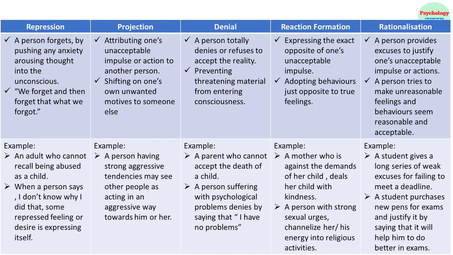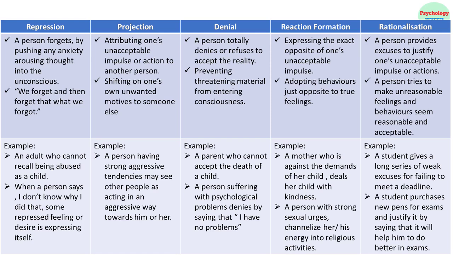Now the next is reaction formation. In this way of coping, the person reduces anxiety by adopting behaviors just opposite to her or his true feelings. An example can be a mother who is against the demands of her child but deals with her child with kindness.